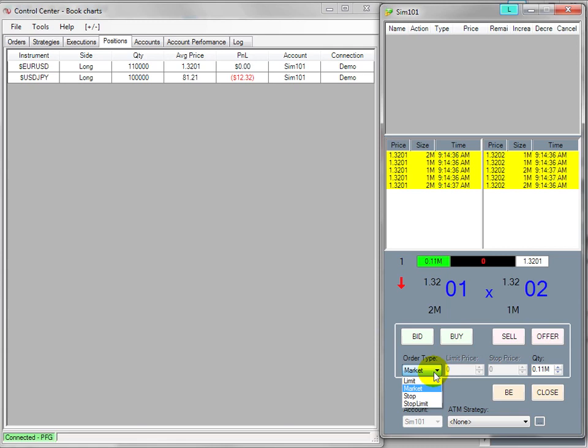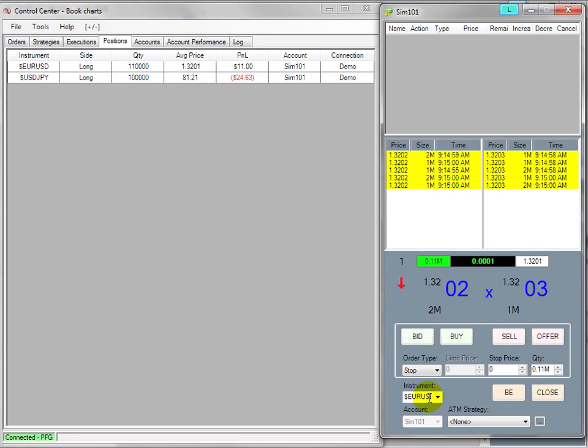Here is a really brief rundown of what order types are. A limit order is when you're naming your price. You're saying, I want to buy a certain pair, but I don't want to buy it at the market price. I want to make sure I get a price that I'm comfortable with, and you name your price. A stop order is often referred to as a stop loss, and that's because it's generally an order type that people use to protect profits or to prevent the market from sliding too far against them.